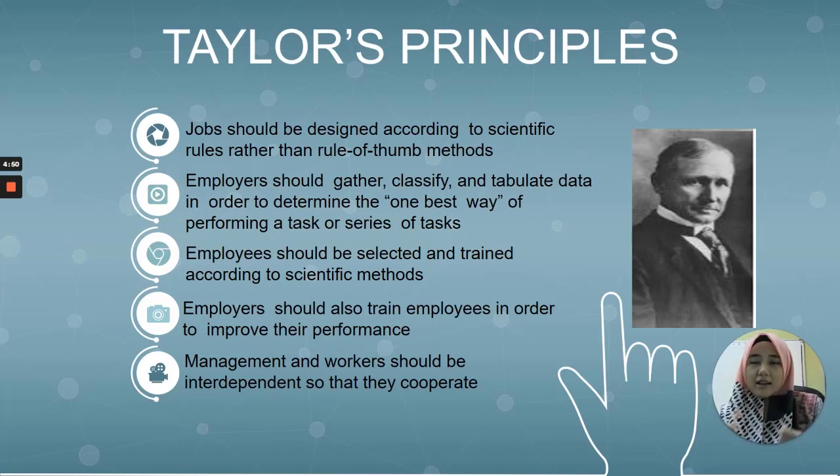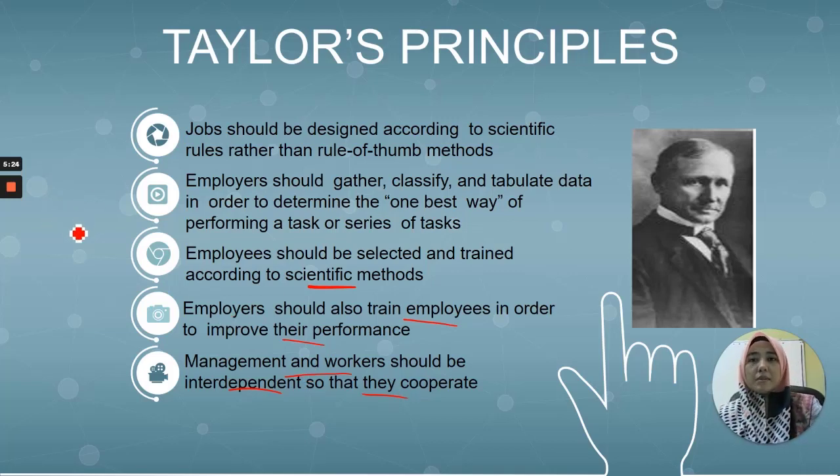So kalau macam tadi kerja dia mengait dekat kilang tekstil, kerja dia mengait, dia mesti cari cara macam mana untuk mengait dengan paling efisien dengan mendapatkan produk yang paling banyak dalam masa yang singkat. Okay. Sekali lagi, employees are selected and trained according to scientific method, dan mereka akan sentiasa train employees to improve their performance, and they believe that management and workers should be interdependent so that they can cooperate with one another.